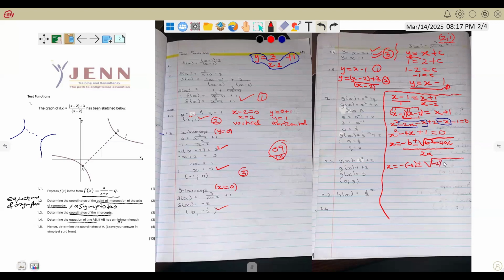Don't forget to square it. Minus 4 squared, minus 4 times a. Your a is what? It's 1. Then your c is what? It's another 1 again. All over 2 times a, which is 1.